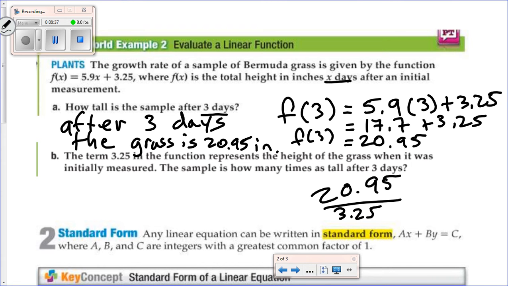And again, with your calculator, 20.95 divided by 3.25 is going to give you 6.446. So we'll round to 6.45.